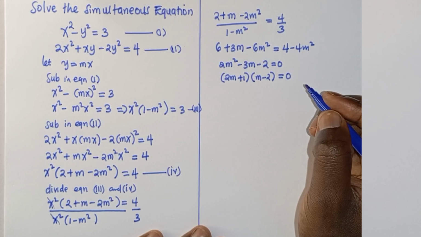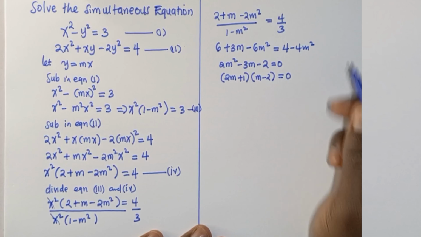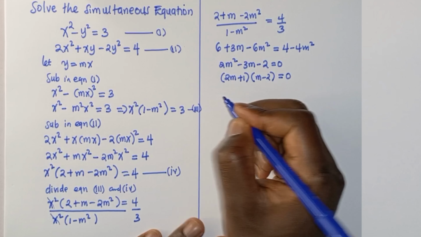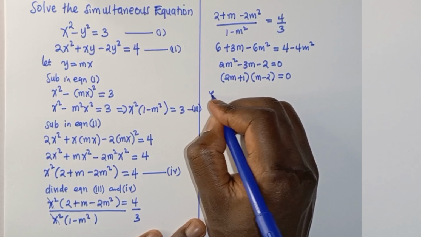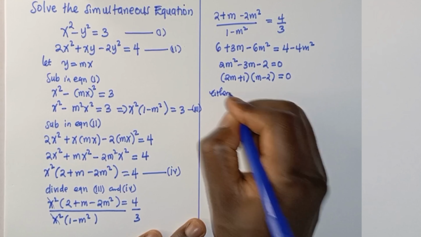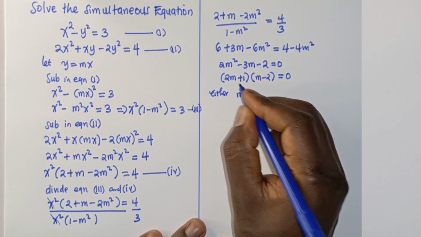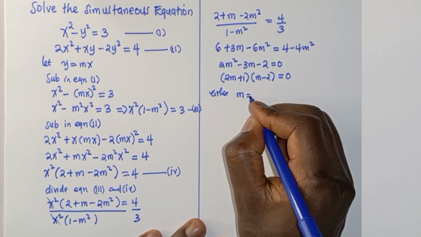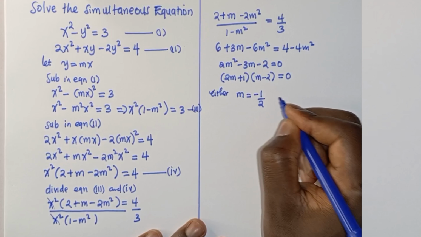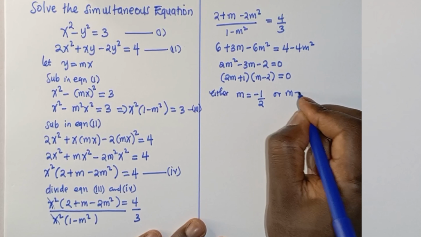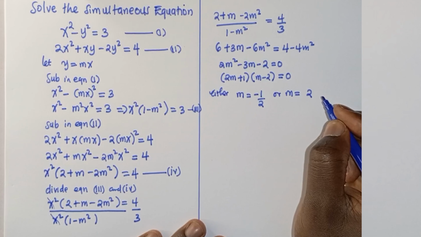You can use factorization or the quadratic formula, any of your choice. You can use completing the square and so on. So we say either m is equal to negative half, or m is equal to 2.